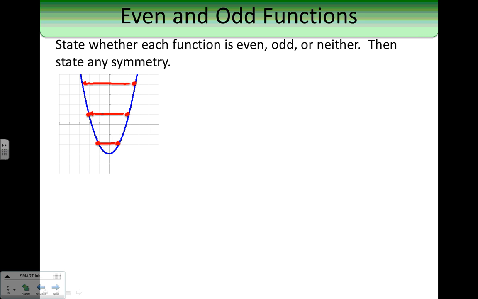So all of these points are reflected across the y-axis. So this is symmetry about the y-axis, which makes it an even function.